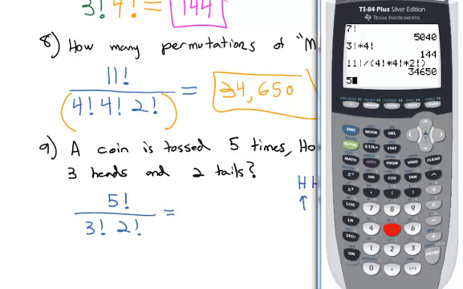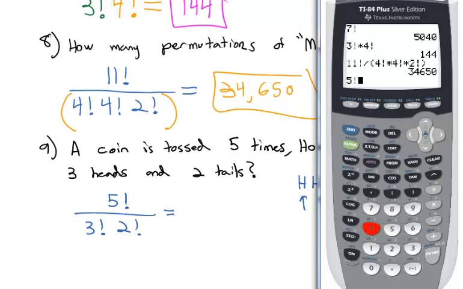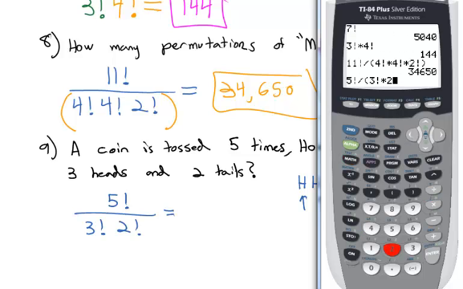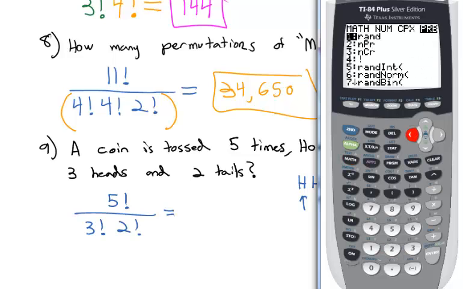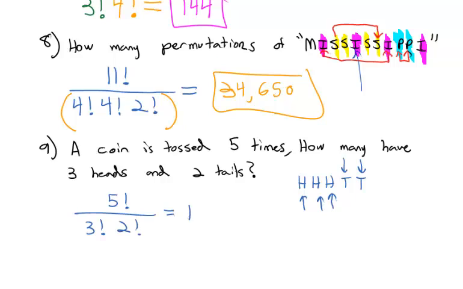5 factorial, divided by, make sure that denominator is in parentheses, 3 factorial times 2 factorial. There are 10 different ways that when we toss a coin 5 times, we get 3 heads and 2 tails.